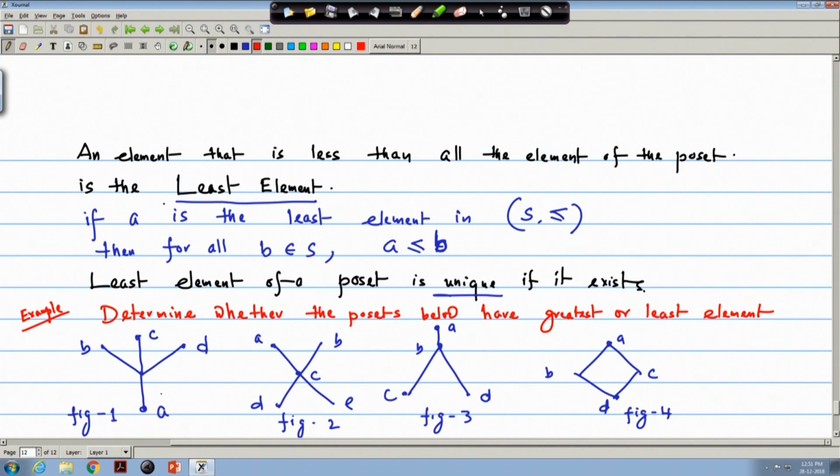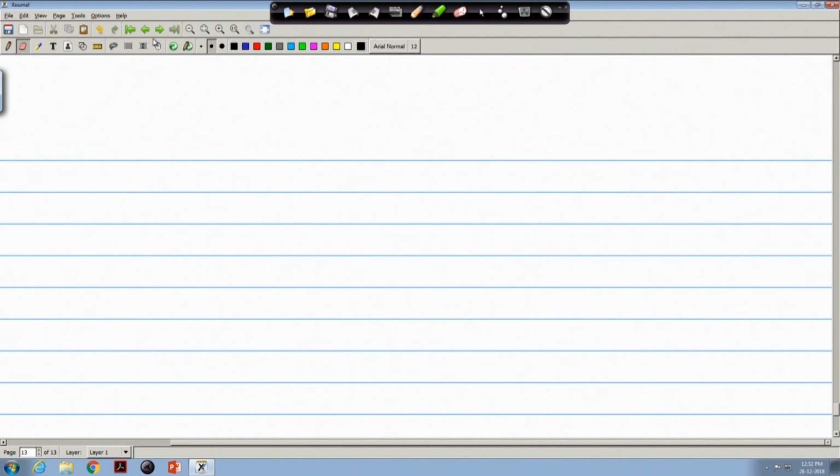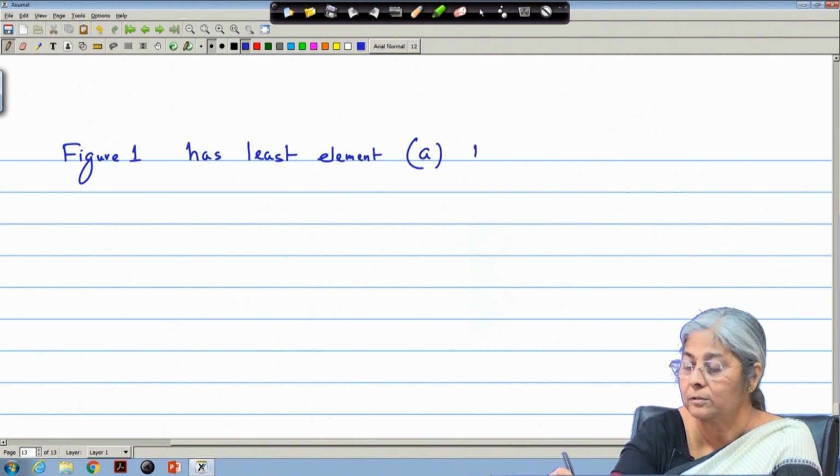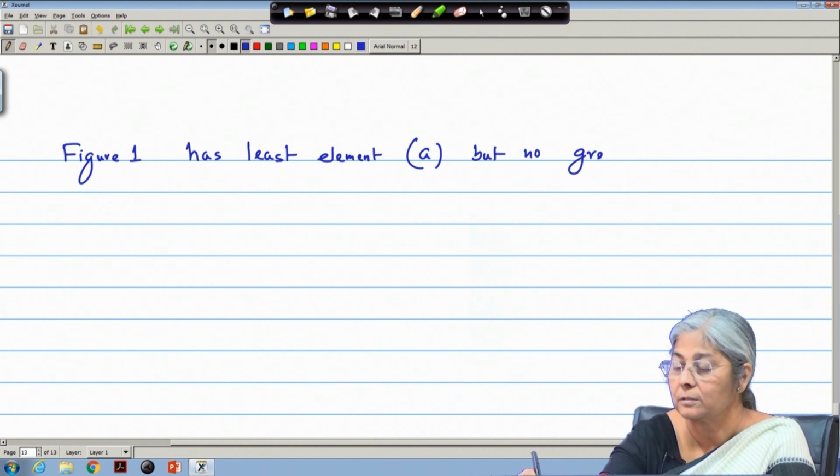For figure 1, it has a least element, A, because A is less than all elements of B, C, D. So, figure 1 has least element A, but no greatest element.